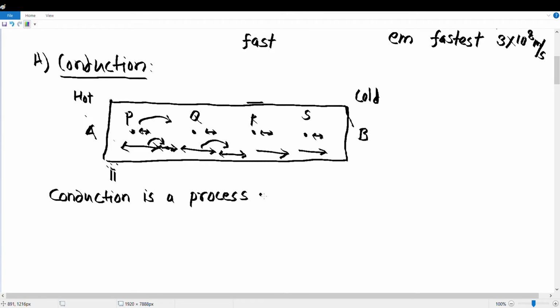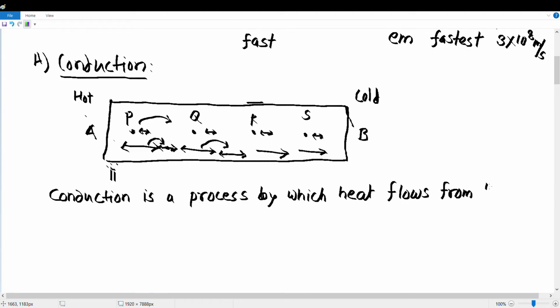Conduction is a process. What happens in this process? In this process, heat flows from where to where?